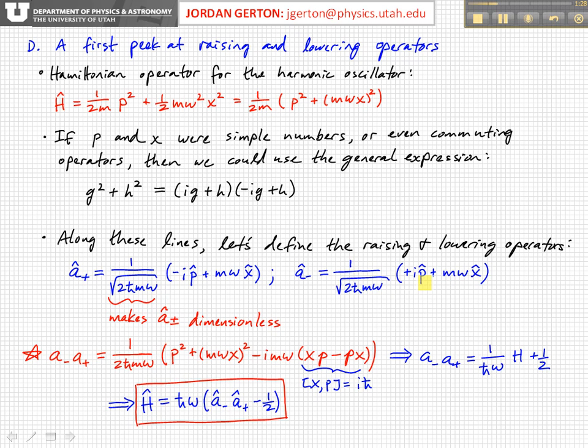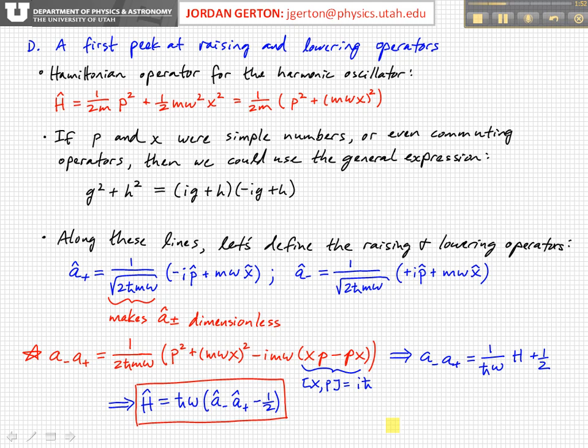So you get minus ip times m omega x, and you get plus ip times m omega x. And so when you factor out the m omega, what you get is xp minus px for the cross terms.